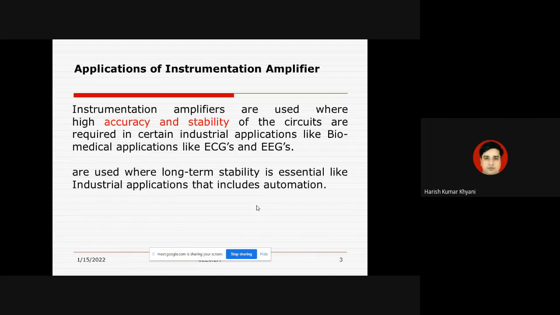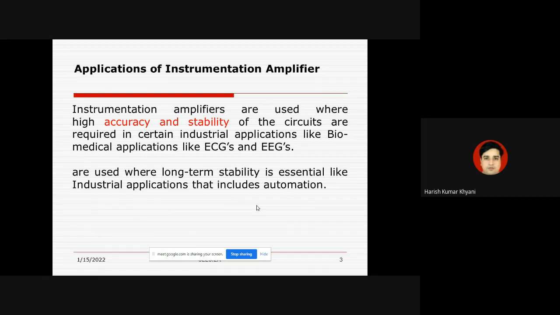So first, instrumentation amplifiers are used where high accuracy and stability of the circuits are required, particularly in some industrial applications, like biomedical applications in the case of ECG and EEG. Can anyone tell me the full form of ECG and EEG?